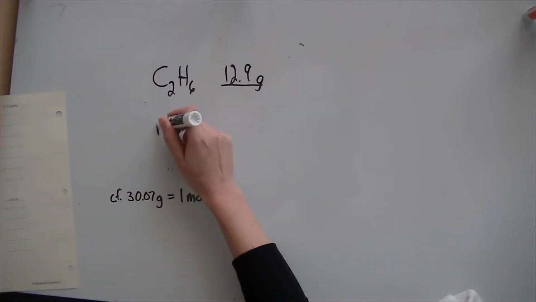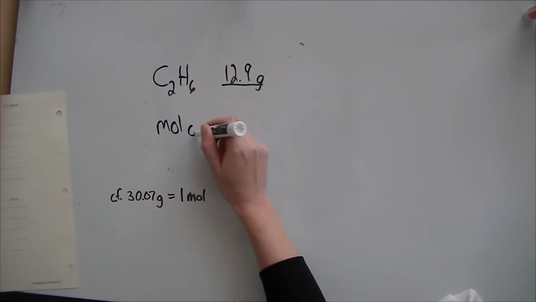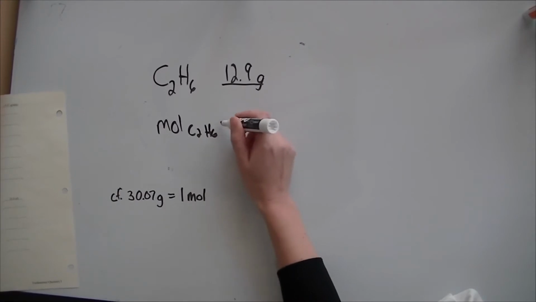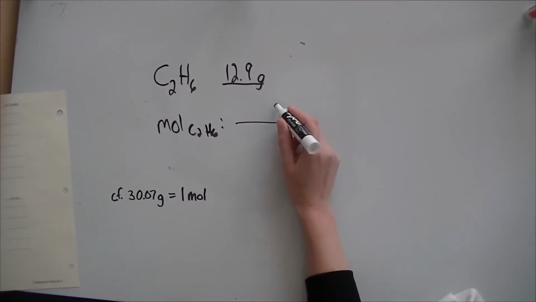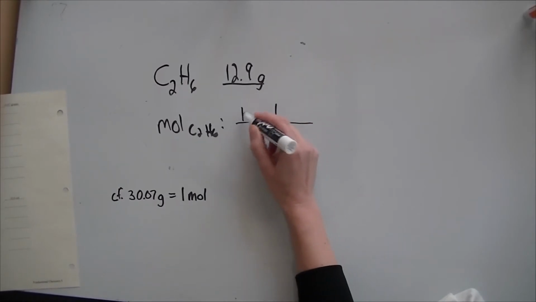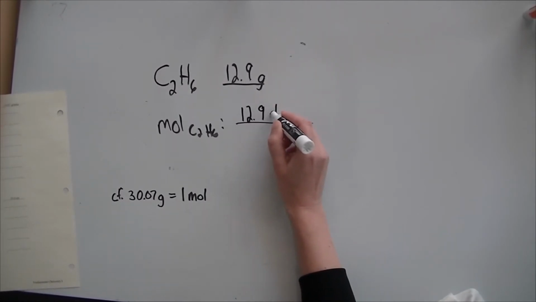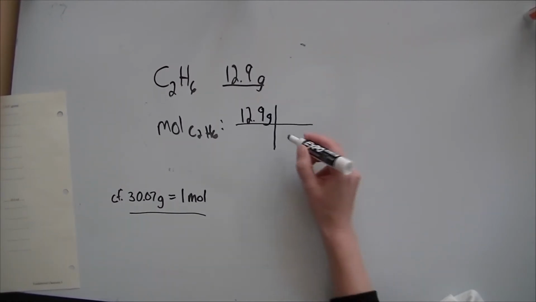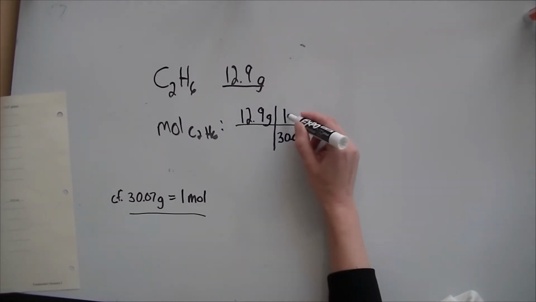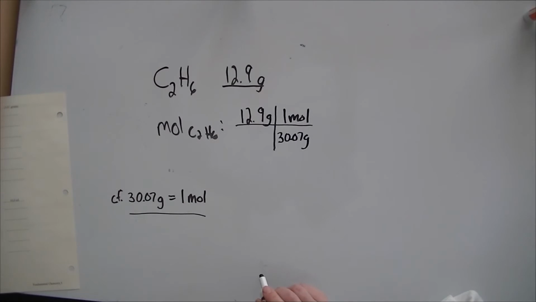So I'm doing moles of C2H6. That's what I'm trying to calculate. So I'm going to start my railroad tracks, and I always start with the number given in the top left corner, including the units. And then I'm going to take this conversion factor and plug it in here. I want to put the grams on the bottom so that they cancel, and then the moles on the top.